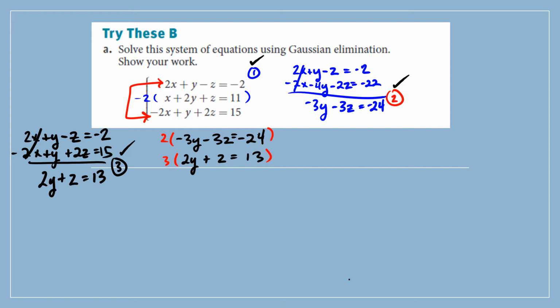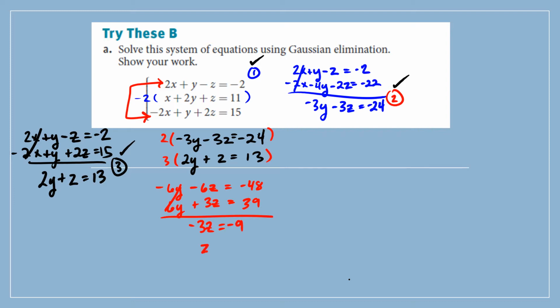So then I would have negative 6y minus 6z equals negative 48, and 6y plus 3z equals 39. These y's would eliminate. I would get negative 3z equals negative 9.